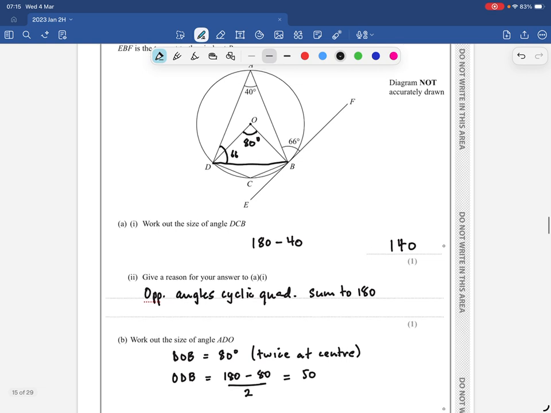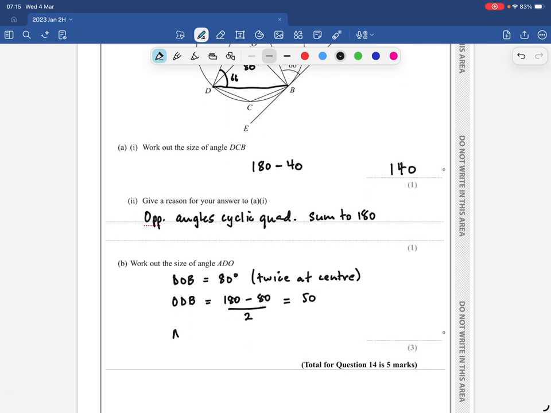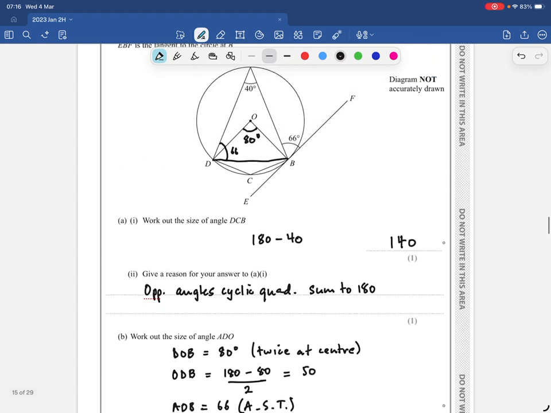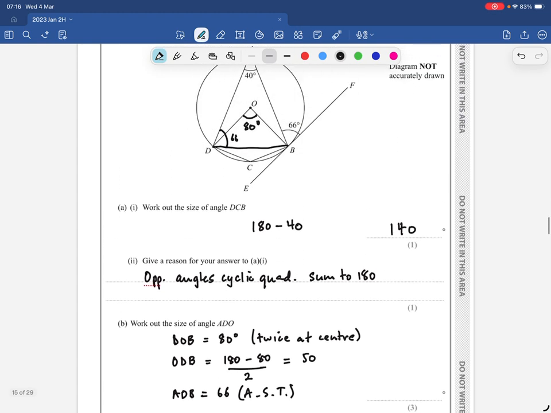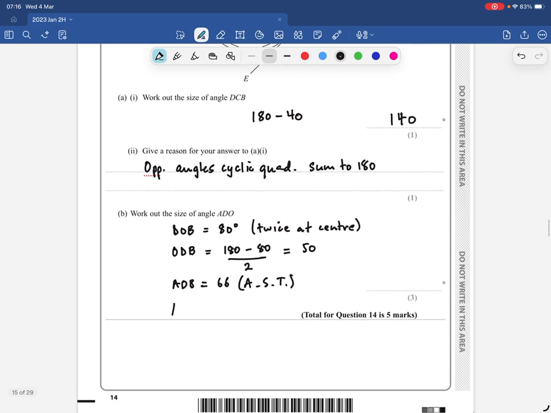And I can say that ADB, let's do that properly, ADB equals 66, and I'm just going to put AST there, alternate segment theorem. And that tells me therefore that ADO equals 66 minus 50 equals 16 degrees.